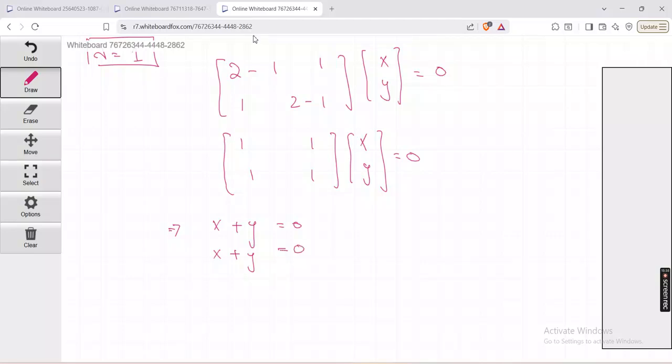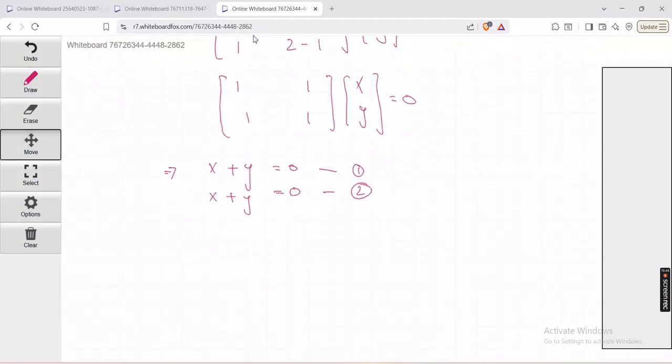So both are the same, we just need to take one equation. For example, this is equation 1 and this is equation 2. Now both are the same, you just need to take one equation and put it in the formula and get the values for your eigenvectors x y.